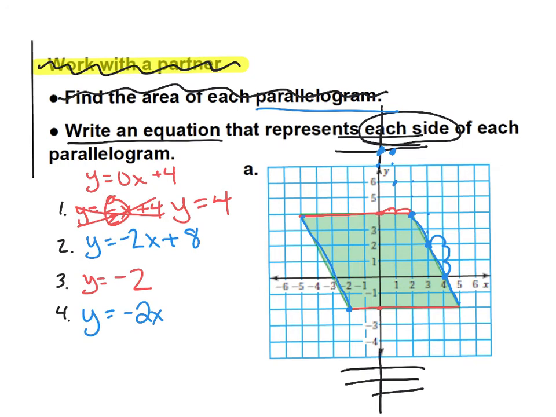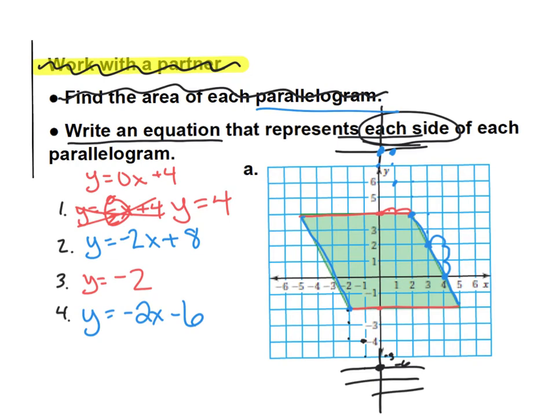There we go, kind of extend the graph a little bit. And we're going to go down 2 to the right 1, down 2 to the right 1. There's where I'm crossing. This is -5, so this would be -6.